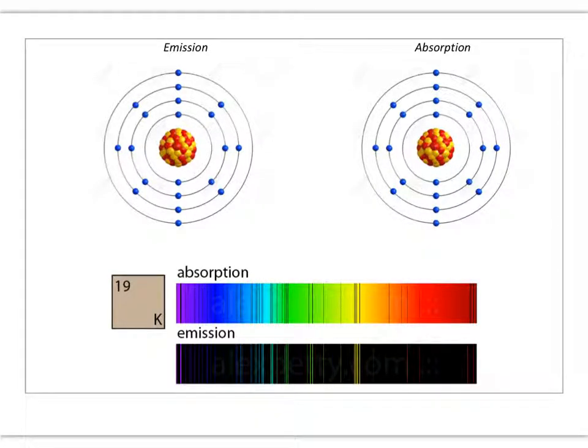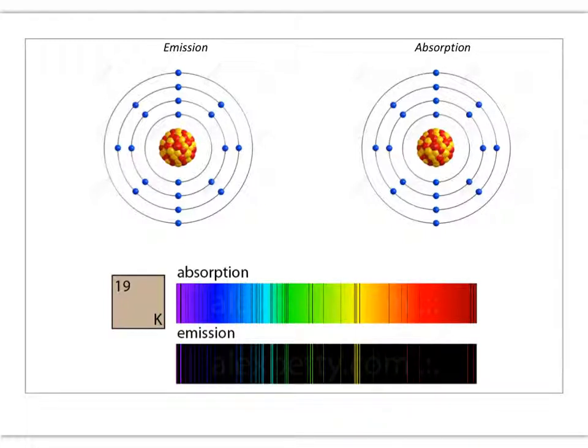So I'll start by talking about emission and absorption spectroscopy. And essentially what happens is, let's do emission spectroscopy first. If we excite this atom here, and this here is a potassium atom, if you look carefully, it's got 20 protons, 20 neutrons, and 20 electrons.